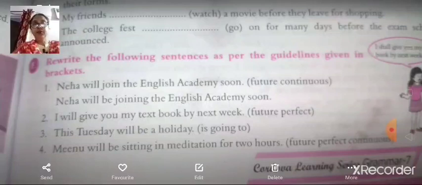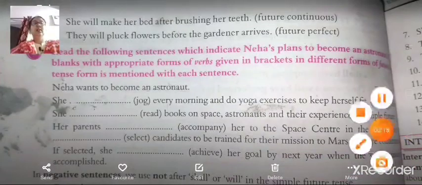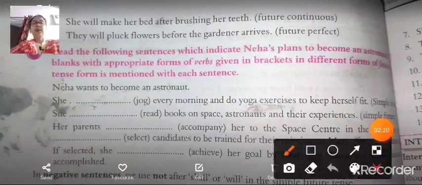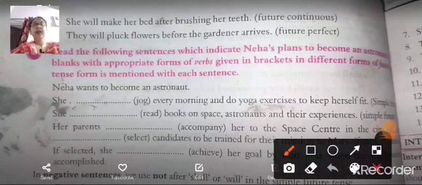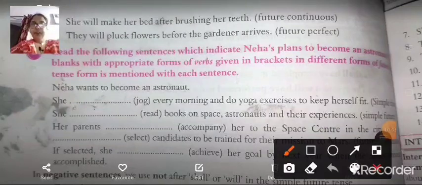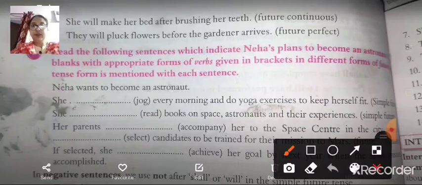Now we are moving to solve the next exercise. Next is third number. She will make her bed after brushing her teeth. Now here you can see future continuous tense.